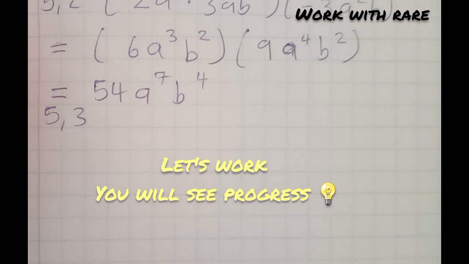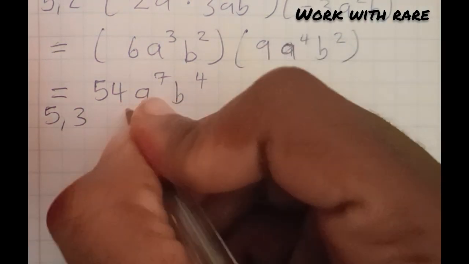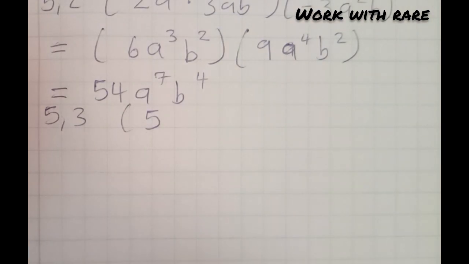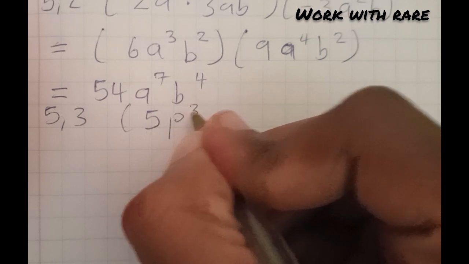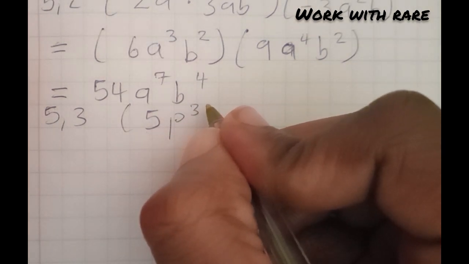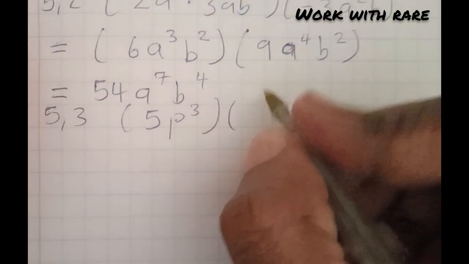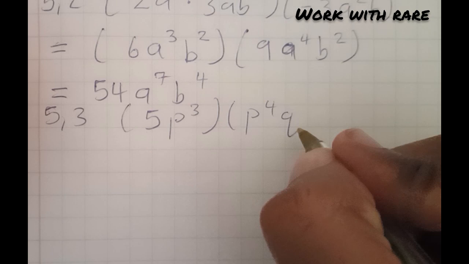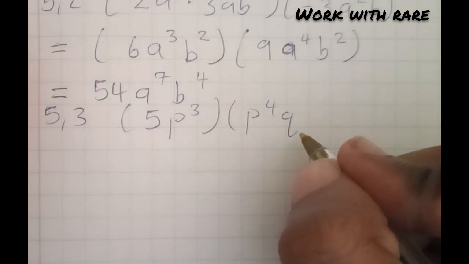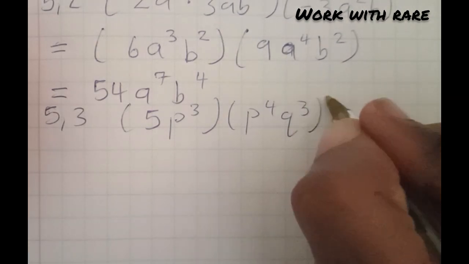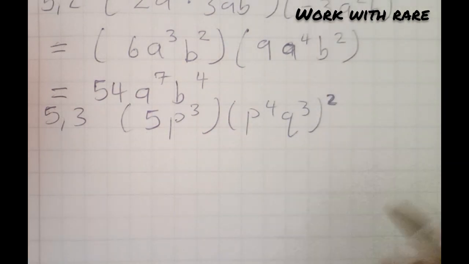So number 3, I have a bracket 5p to the exponent 3 close bracket, another bracket p to the exponent 4 q to the exponent 3 close brackets, all of them to the exponent 2.